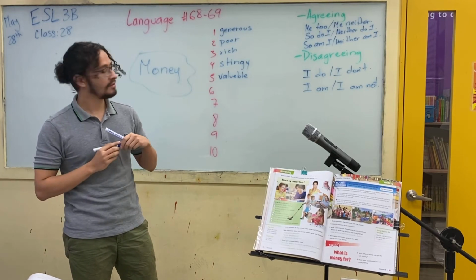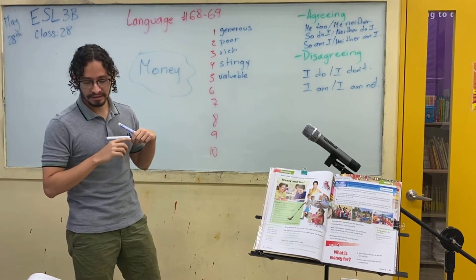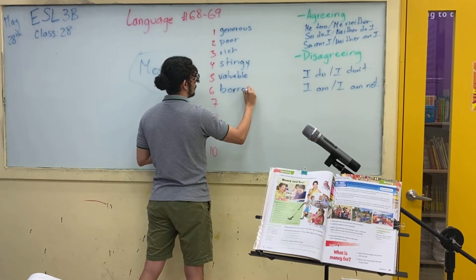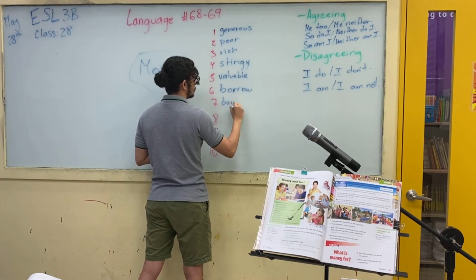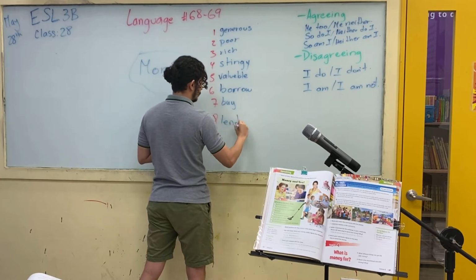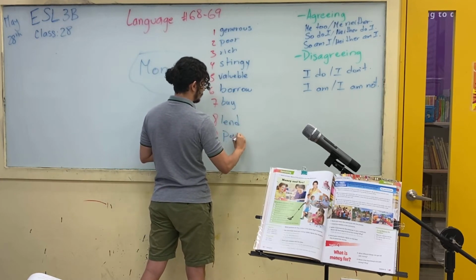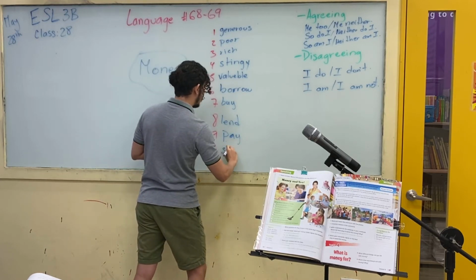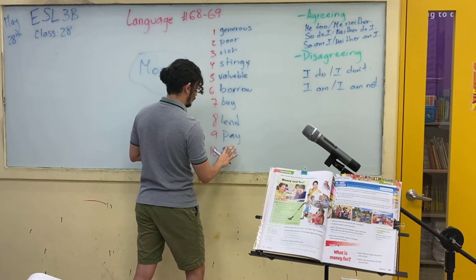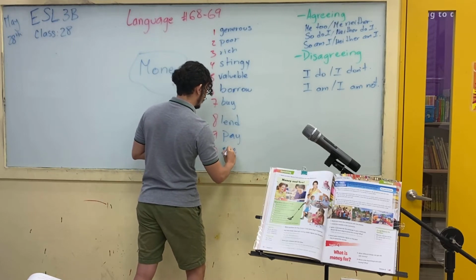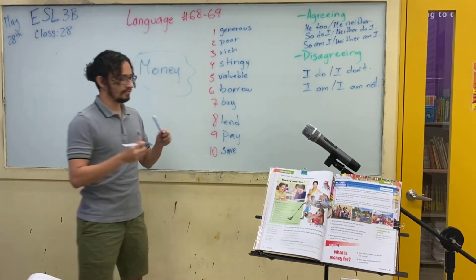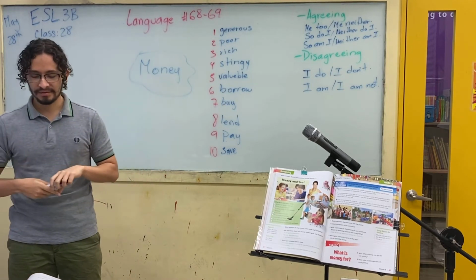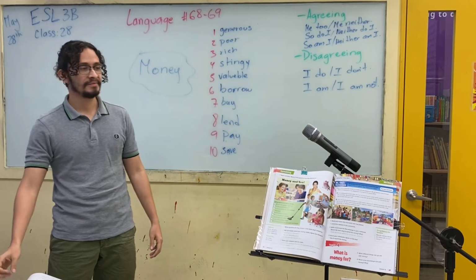So number six is borrow, buy, lend, pay, like pay me. And number 10, the one that you don't do, save. Okay. So double check if you have the answers right. If you don't have it right, you can keep practicing a little bit more.